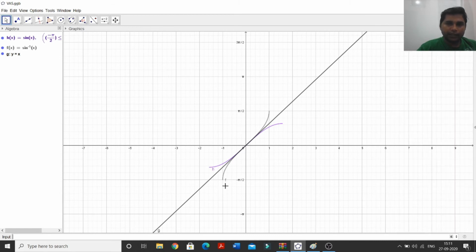Now you can see that this is f(x), the inverse function, sin inverse x, and the domain is minus 1 to 1 for the inverse function. The range of the inverse function is minus pi over 2 to pi over 2, which was actually the domain of the function. Domain becomes range and range becomes domain for the inverse function. Okay, I hope this concept is clear, so you should make a note of it.